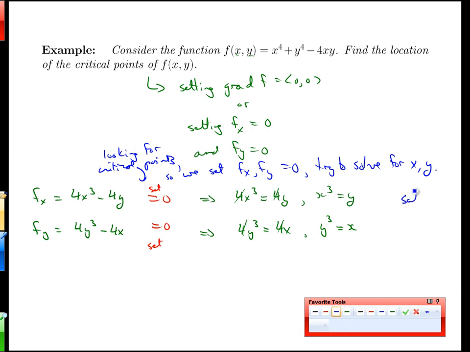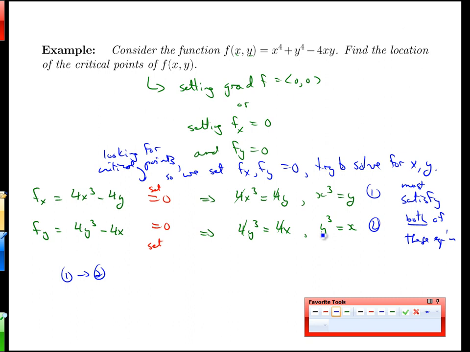We must satisfy both of these equations. And if that's the case, we can number them and try to sub one into the other and see where that gets us.